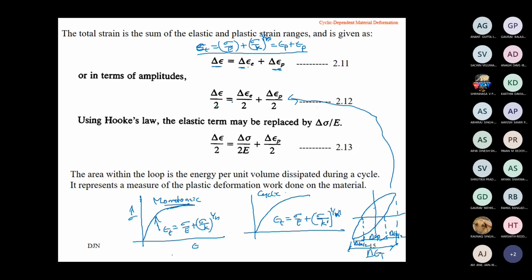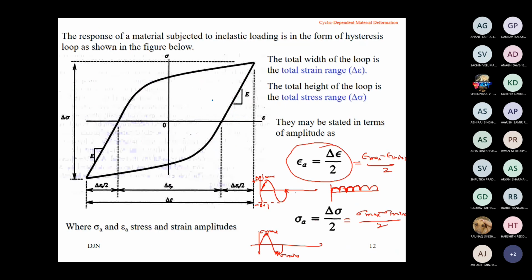Here we have written in terms of the amplitudes. That is why you can see the symbol 2 here, notation 2. In a previous slide we have shown you, delta epsilon by 2, epsilon A or delta epsilon.